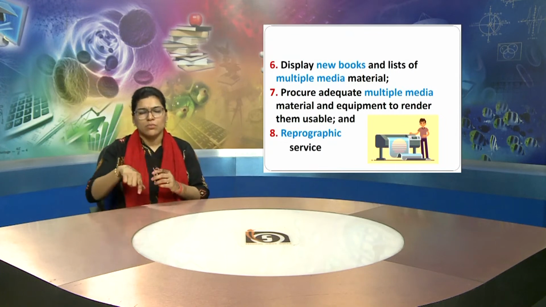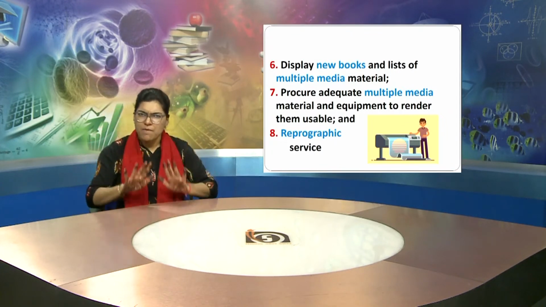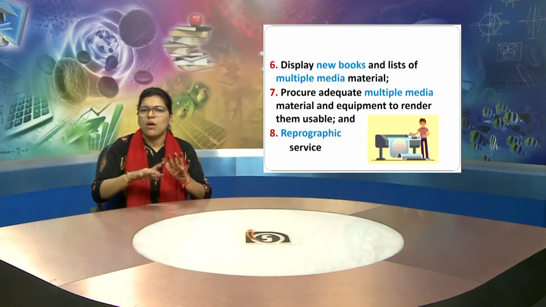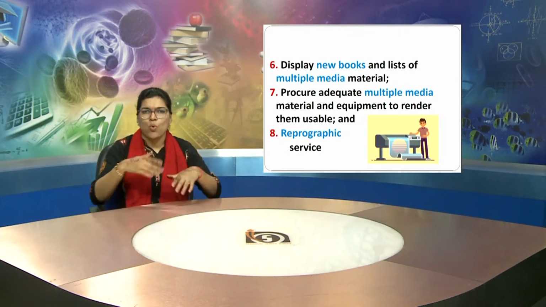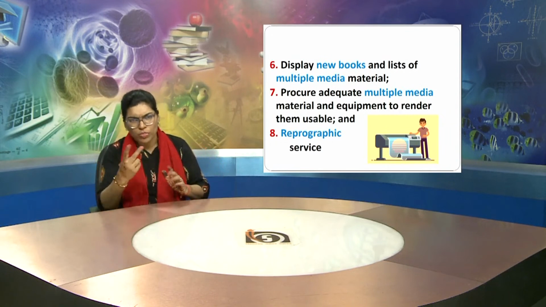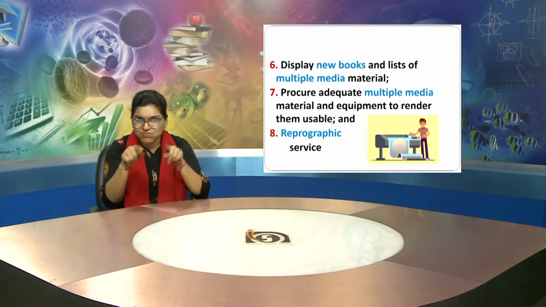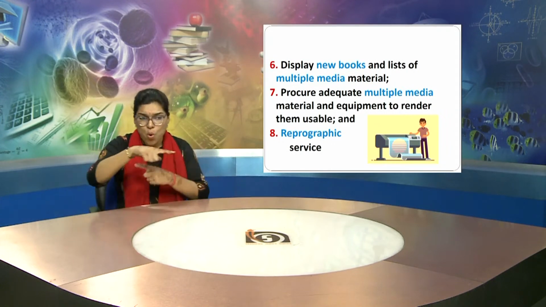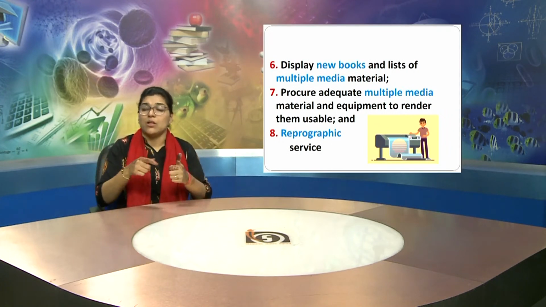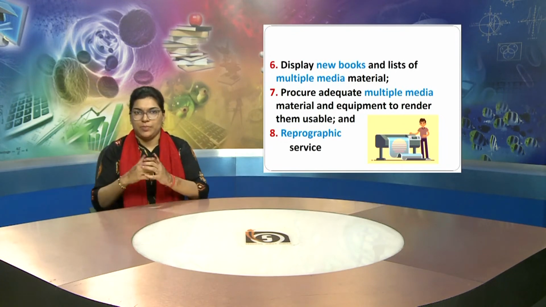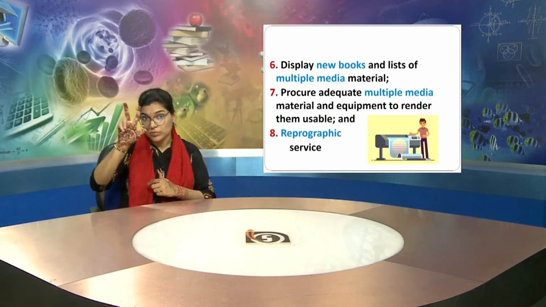And the seventh service provided by the library is to procure adequate multimedia materials and equipment to render them usable, so that whatever things or machines or equipment are required by the user, they are all provided by the library people.